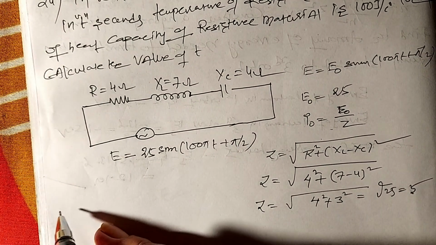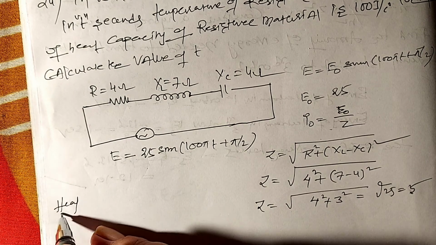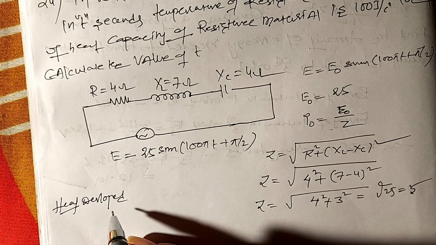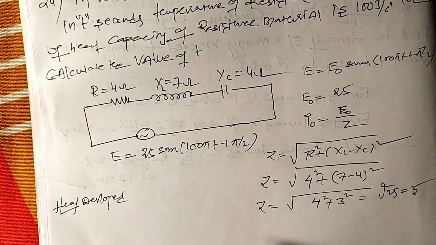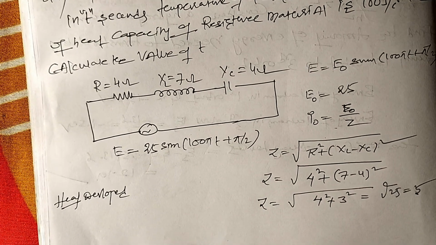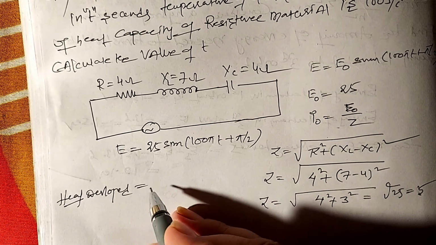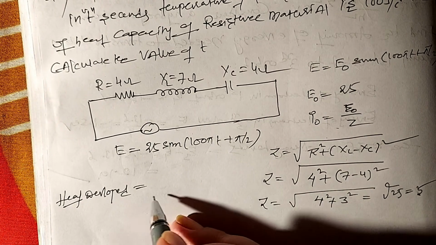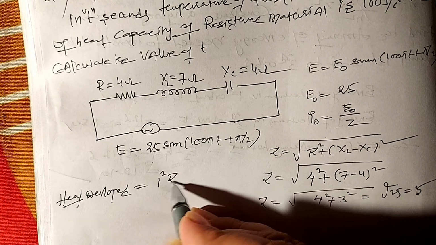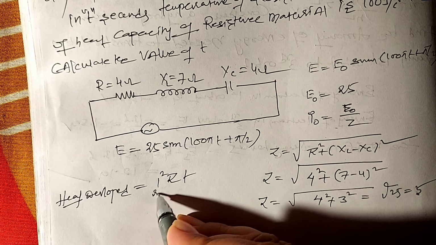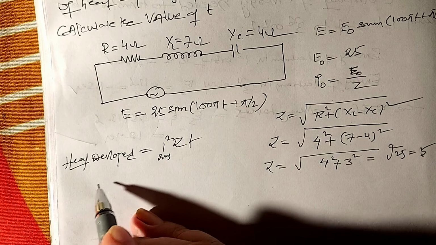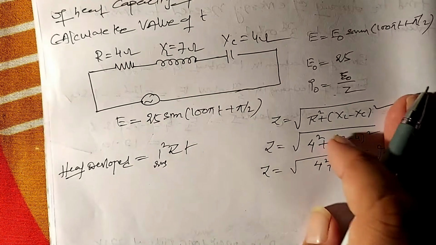Now heat developed is equal to, we write, I square RT. That means IRMS square RT. So heat developed means how much heat developed here?